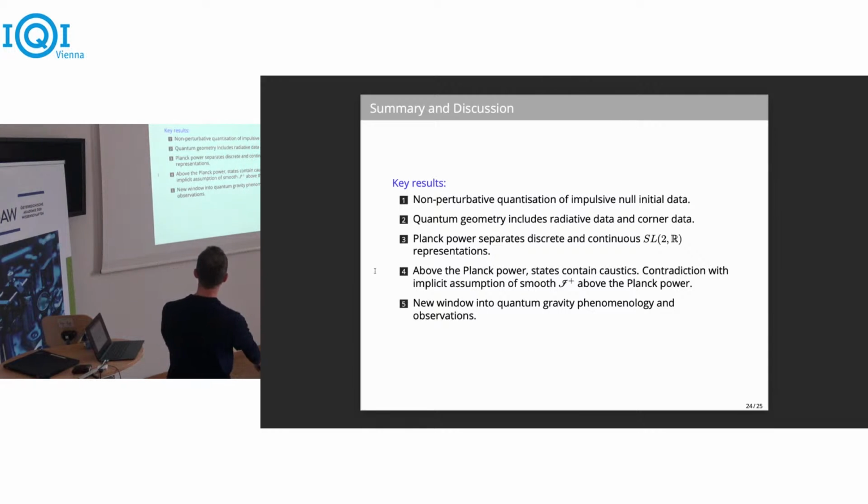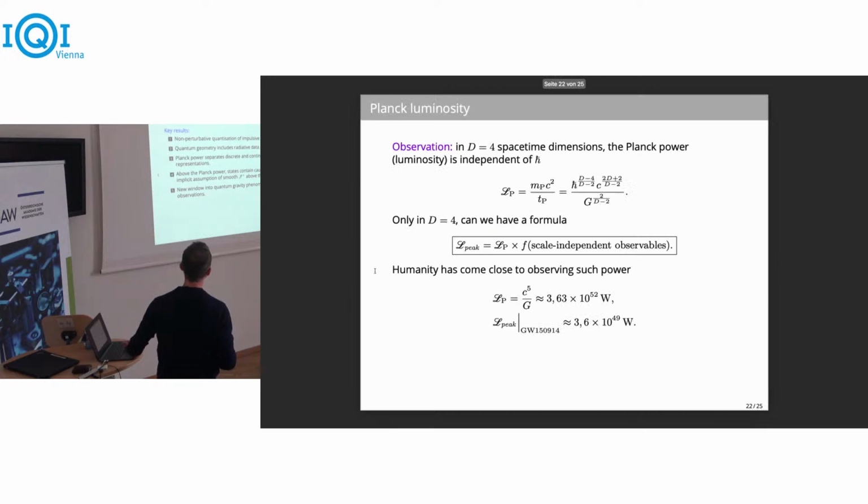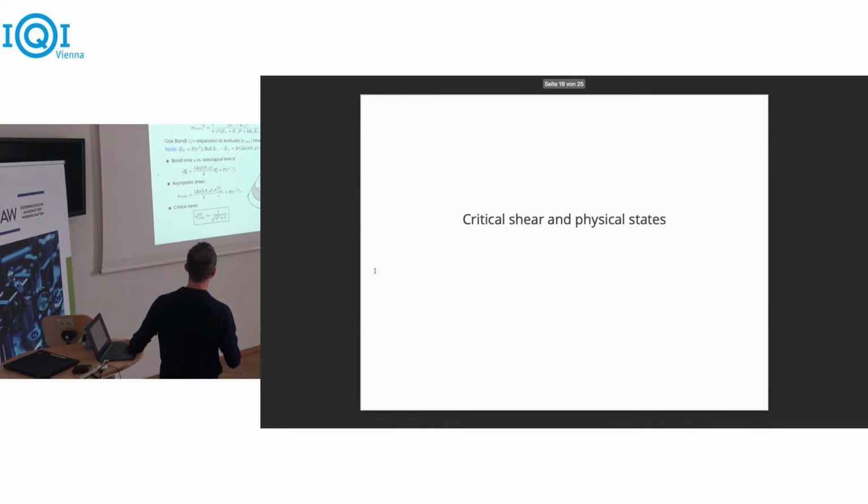I have only indications for that, well, actually it's a bit stronger than that. But what I find is that if we are in the continuous series representations, then something else happens.